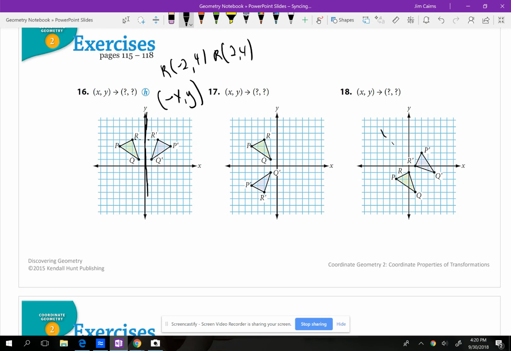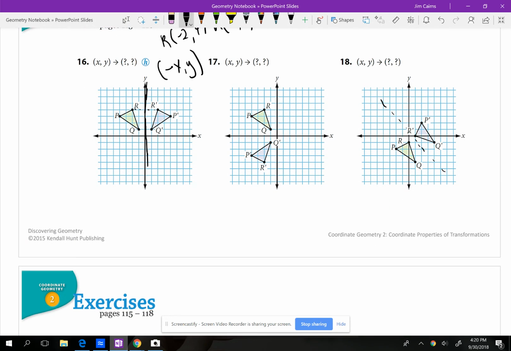Then 18. Looks like a reflection about the line y equals minus x. And so for example, let's do point Q. Point Q is x is 1, y is 1, 2, 3, minus 4.